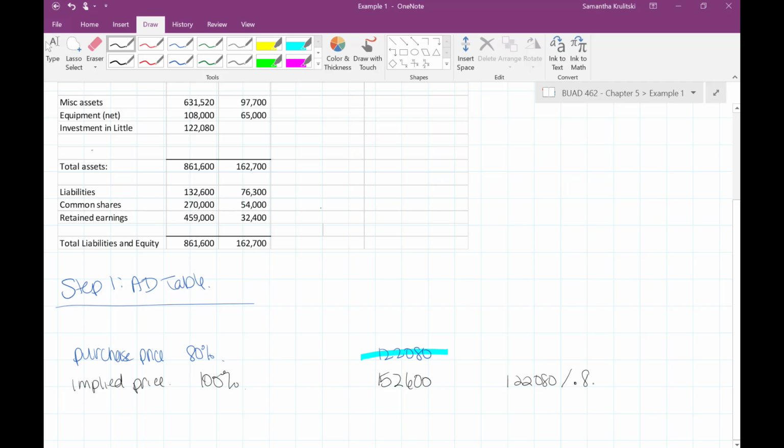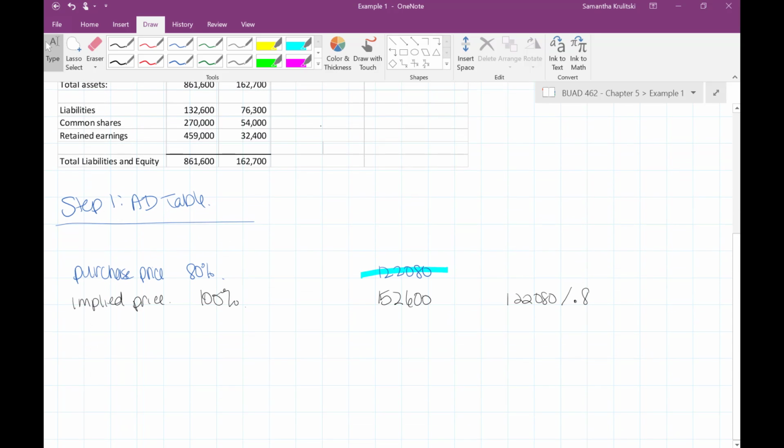On our AD table, our next step is to look at the book value of the sub's net assets. We get that from the common shares and retained earnings.